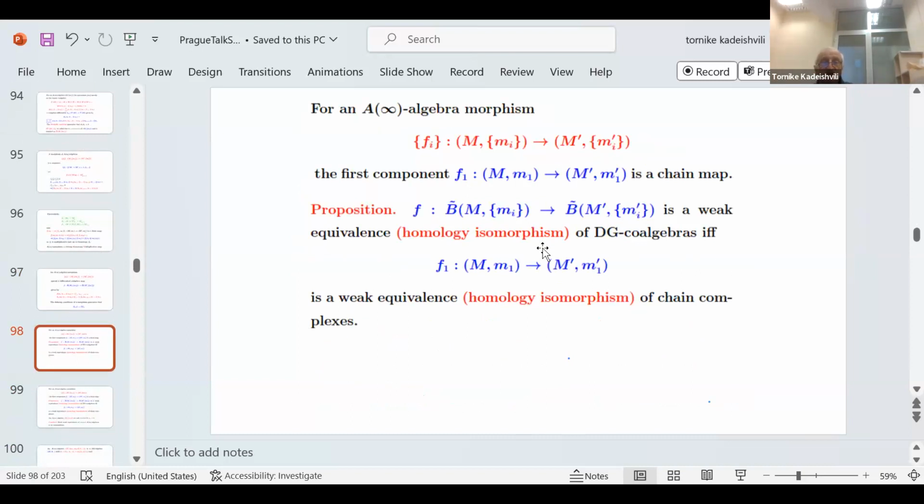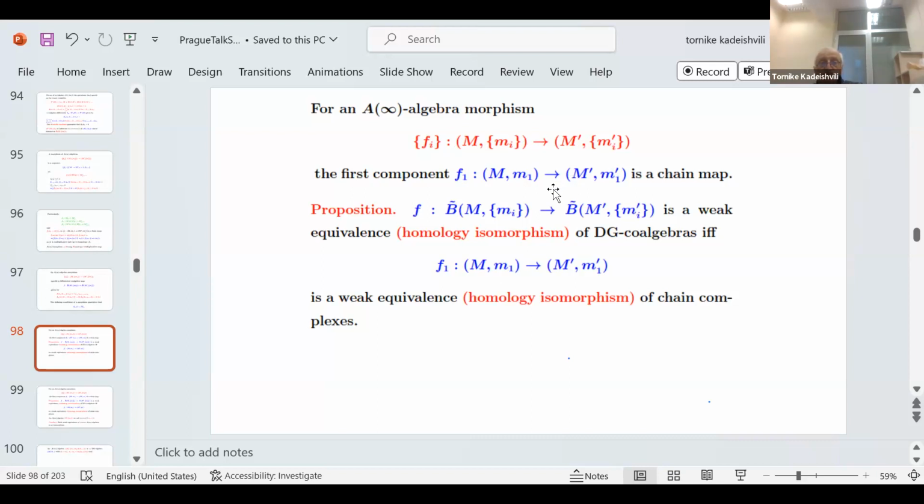For any infinity algebras and morphism, if I leave only M1, M1, and F1, we are in the classical chain map. It is a chain complex with only one differential, chain complex and chain map.